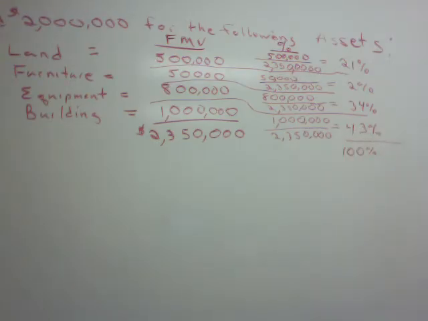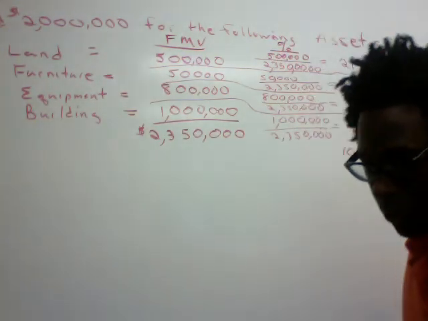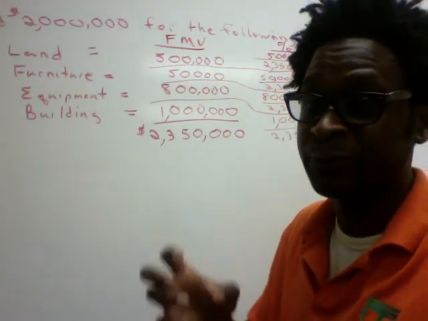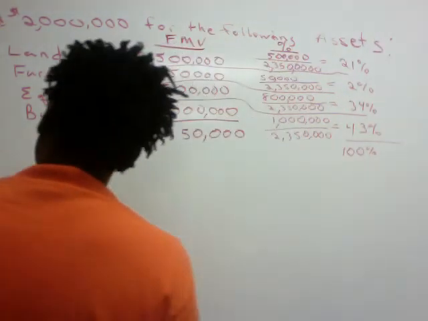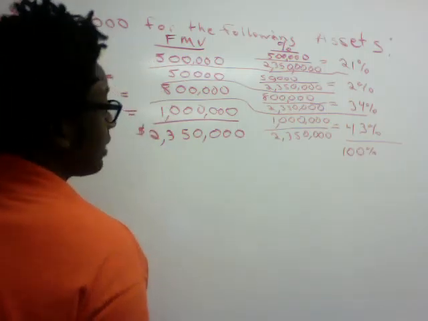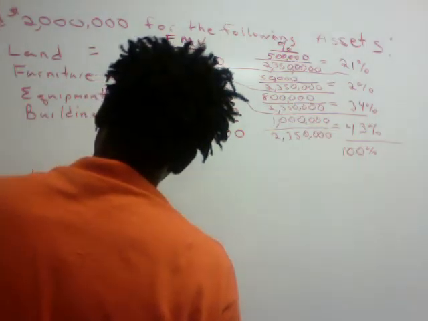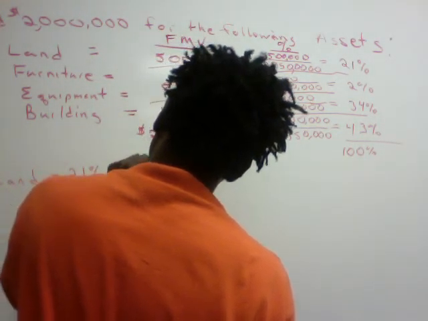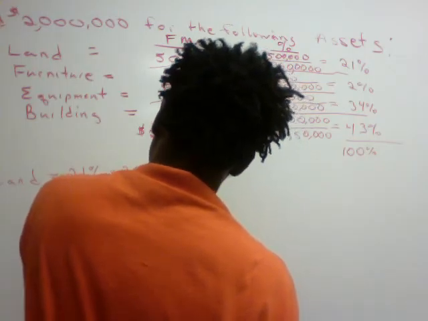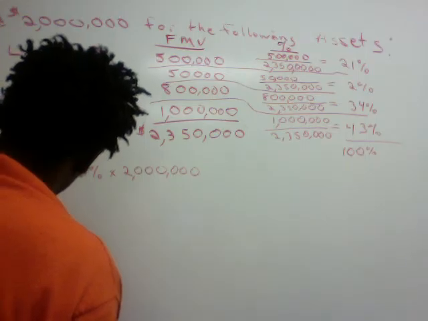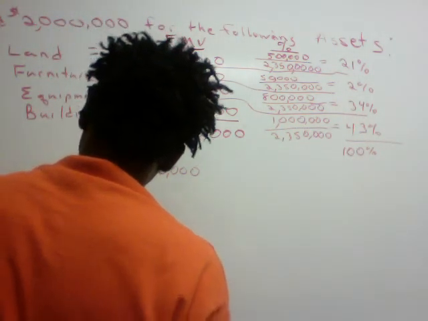Last but not least, we're going to take these percentages that we calculated and multiply them times the initial total purchase price, and that's going to tell us the amount which we need to record on the books for each individual asset. So land has a percentage of 21%. We're going to multiply that times the 2 million. Furniture has a percentage of 2%.